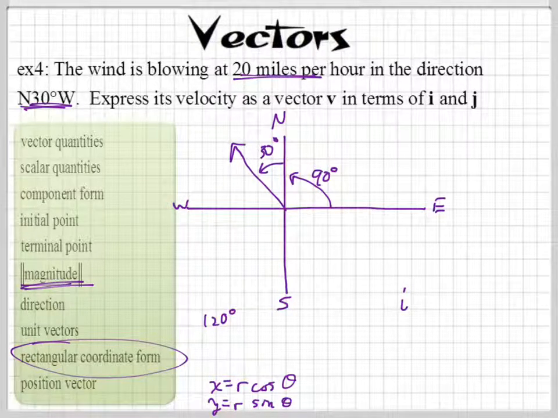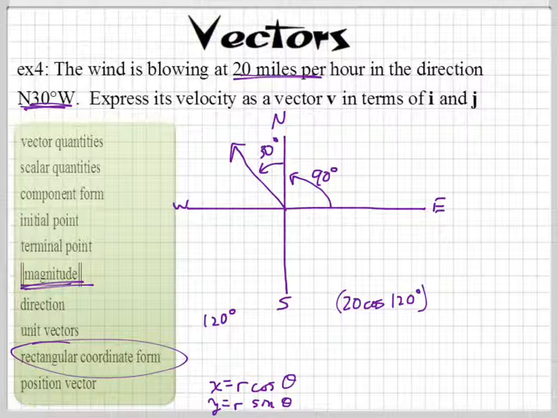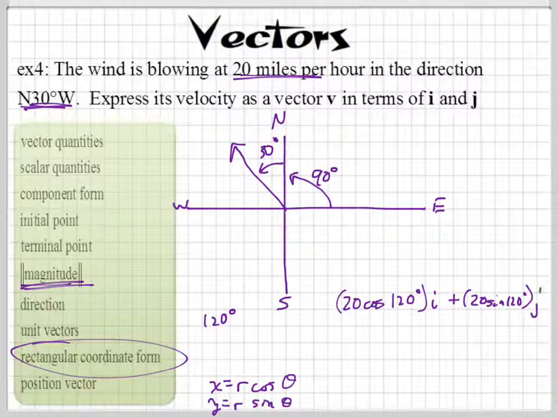The magnitude of this one is 20, right? 20 cosine 120 degrees times i. Or use radians, that's fine. Plus 20 times sine of 120 degrees j. Does that make sense? That's our vector for this wind. Express its velocity as a vector v in terms of i and j. There you go.